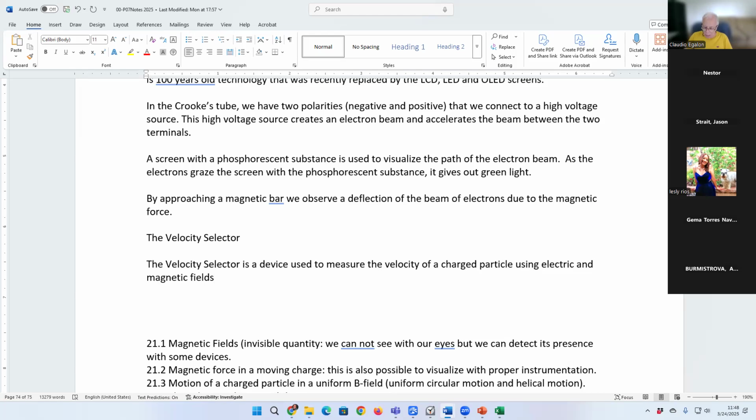Using uniform, even better, uniform electric and magnetic fields.